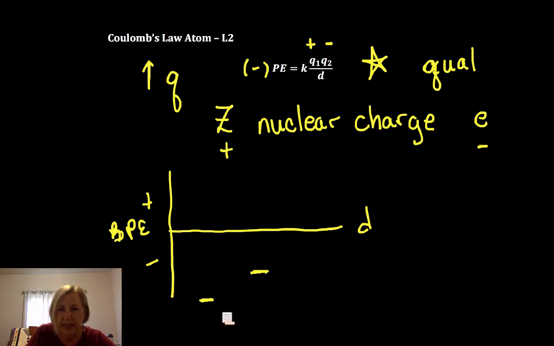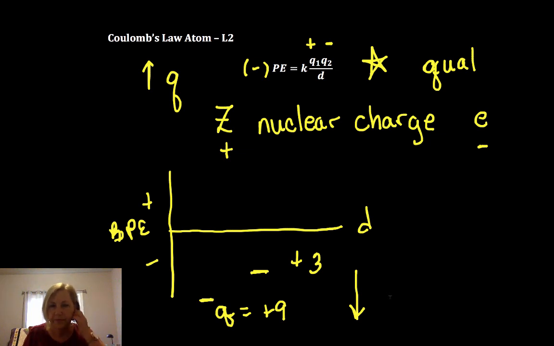So this would be a Q of, I'm just going to look at, +9 for fluorine compared to a Q of, say, +3 for lithium. So the fluorine one is going to be more negative than the lithium one. And that's a good thing. Negative potential energy means more traction in chemistry.